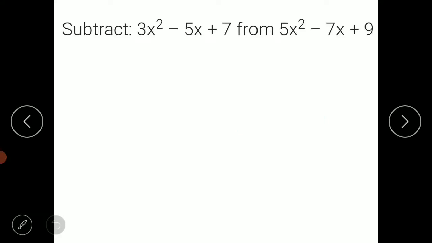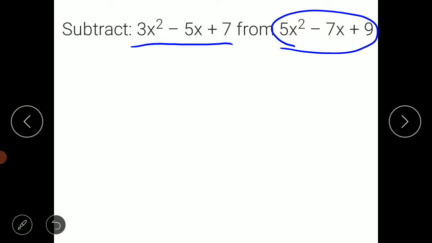Okay, now subtract 3x square minus 5x plus 7 from 5x square minus 7x plus 9. Again, we need to frame the question first. From this expression only, we are going to subtract this expression.